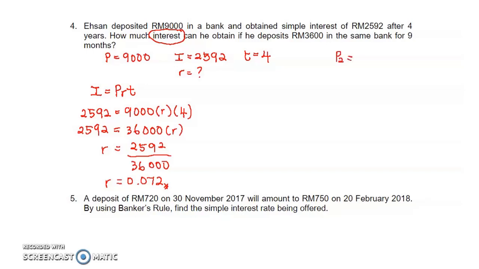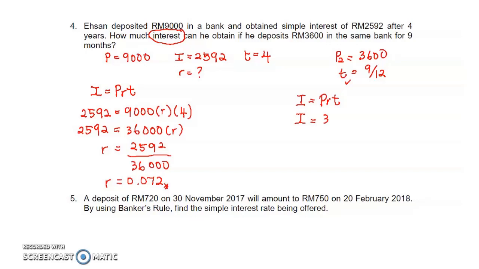Okay, now with the same rate, he deposits another amount, which is the second principal. I put it as P2, 3,600, but now for 9 months only. So T is 9 months, convert to years: T must be in years, so divide by 12. So what is the amount of interest that he will obtain? I equals PRT.